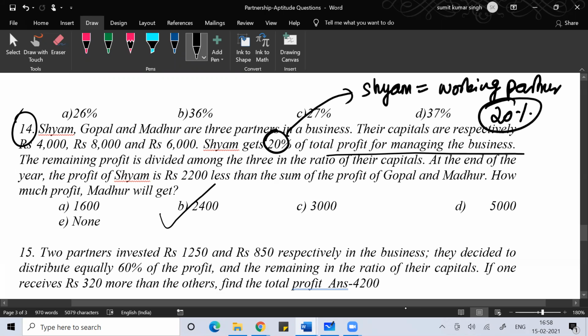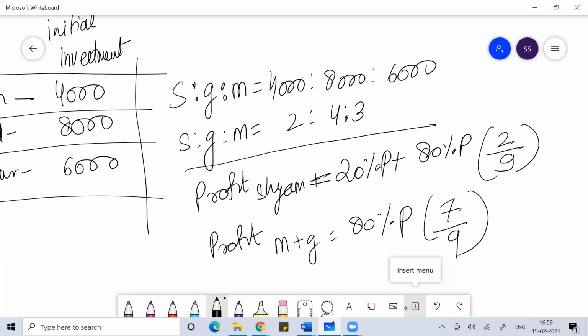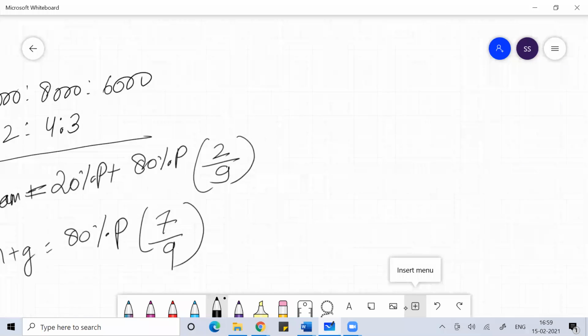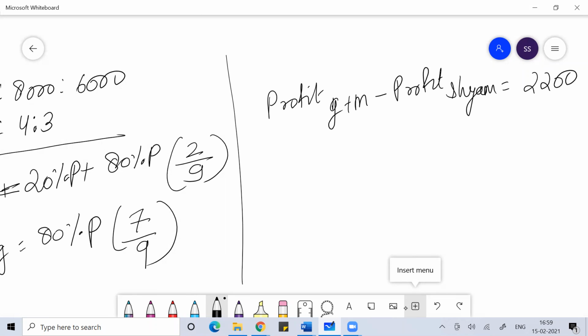At the end of the year, the profit of Shyam is 2200 less than the profit of Gopal and Madhur. So the profit of Gopal plus Madhur minus the profit of Shyam equals 2200. So this is 80%.